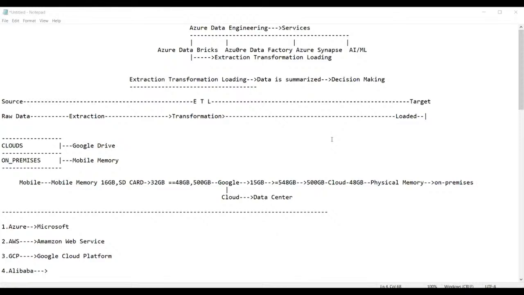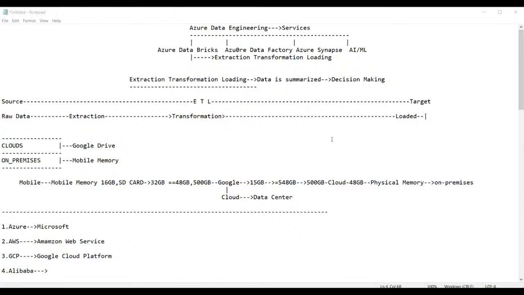Sir, ADB and ADF are both provided by Azure, Microsoft, right? What is the main difference between ADB and ADF? Basically, if there is a project where you use ADF and ADB both, ADF is used for the data ingestion process, that means insertion of the data.